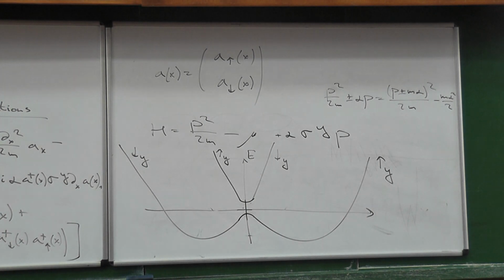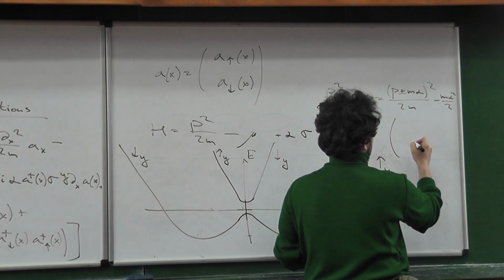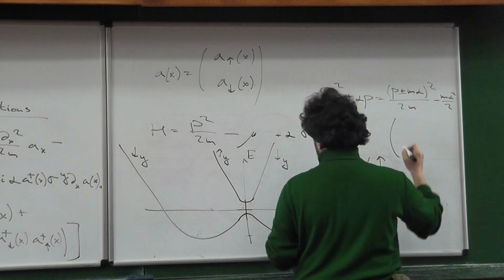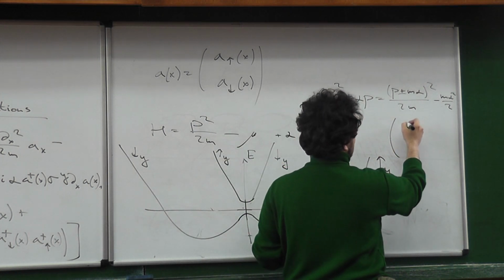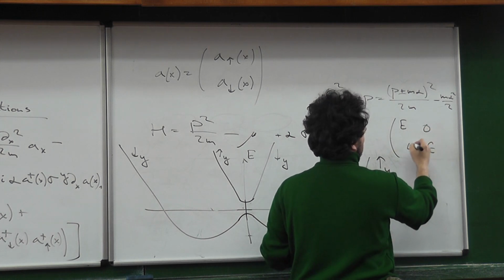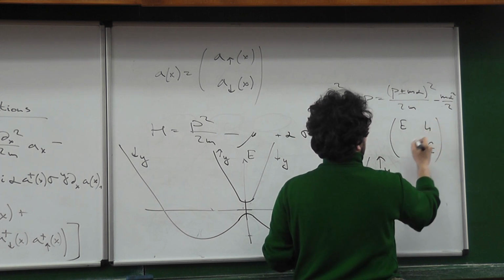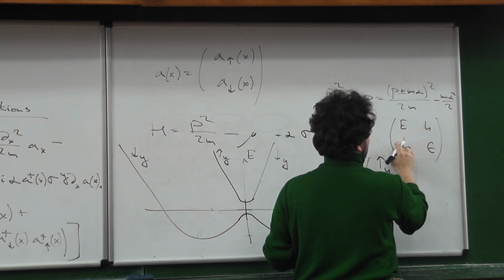Because if you had a matrix where the two states were degenerate, so we have some energy, nothing else. And now I get this H that wants to flip them.